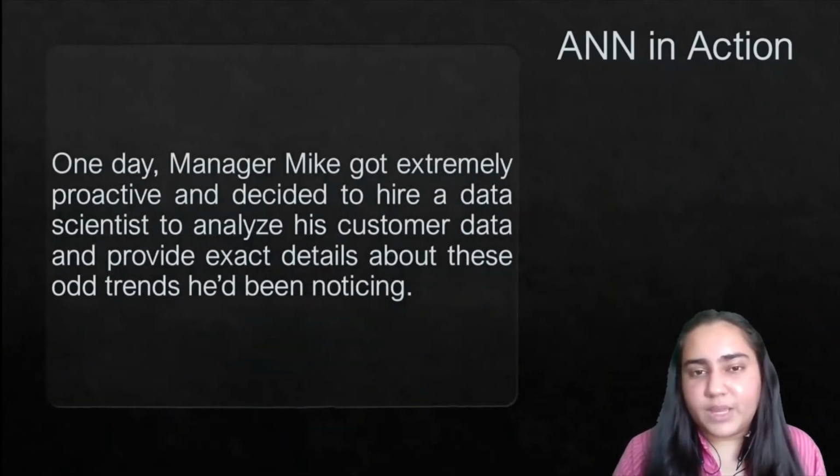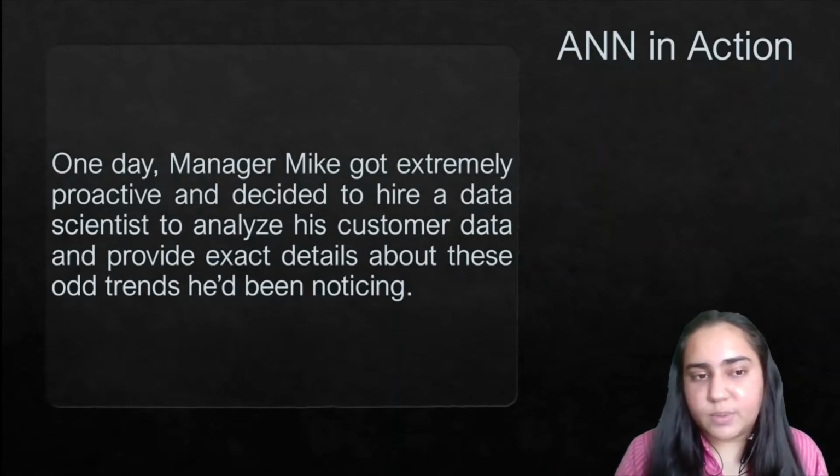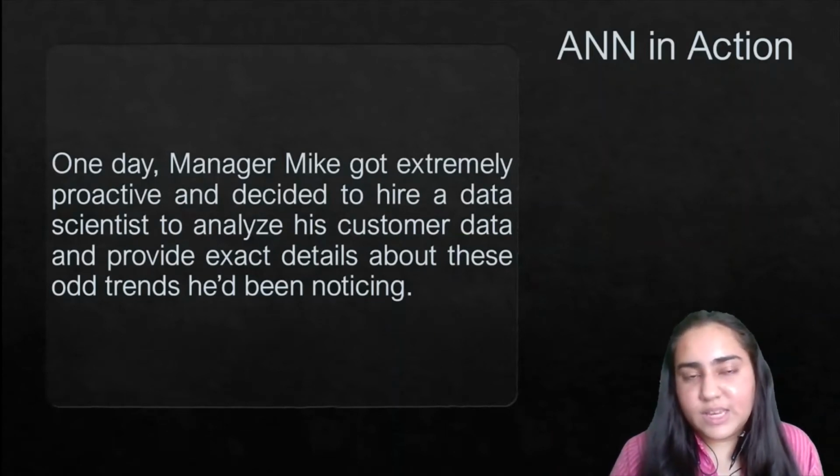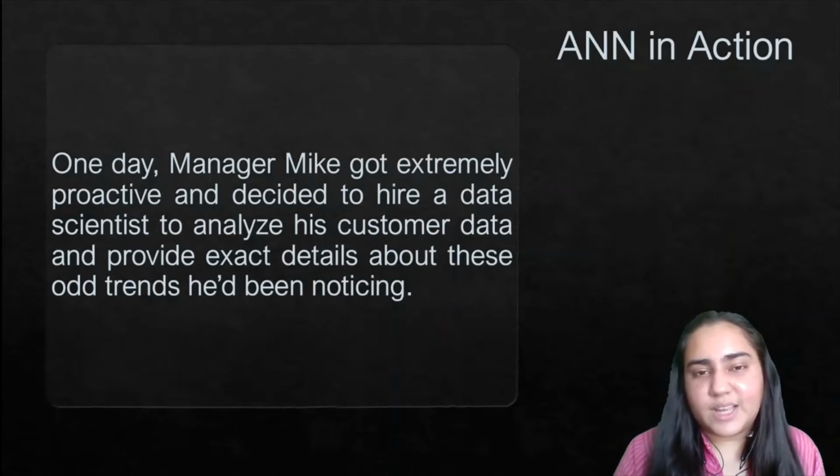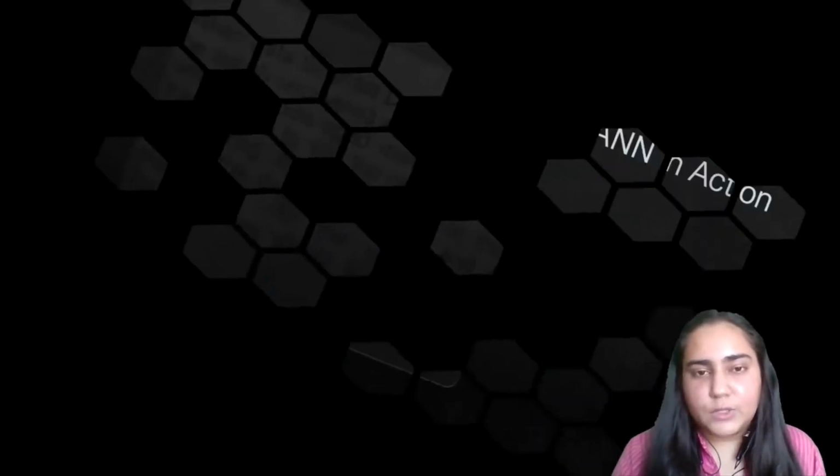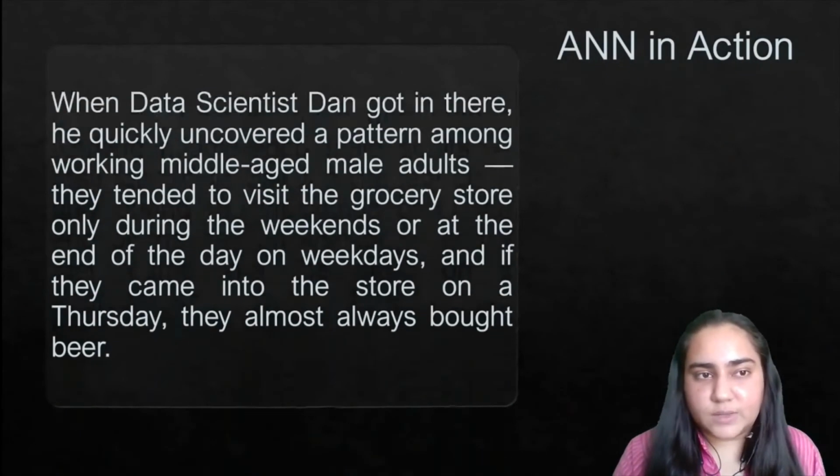One day, manager Mike got extremely proactive and decided to hire a data scientist to analyze his customer data and provide exact details about these odd trends he had been noticing. So he's seeing that there are people who are coming at the exact same hour and buying the exact same things. And he wanted to find out more about such people, so he got a data analyst to analyze his customer data.